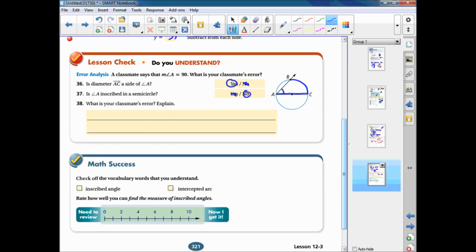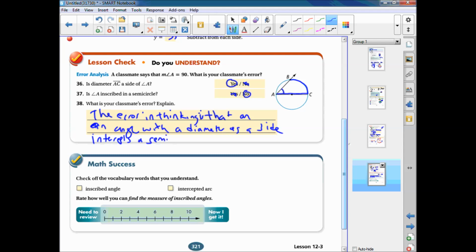So the error in thinking is that an angle with a diameter as a side intercepts a semicircle, but that's not the case.